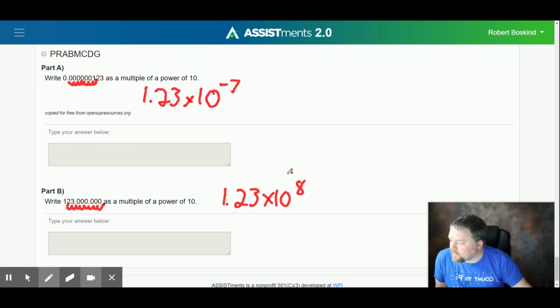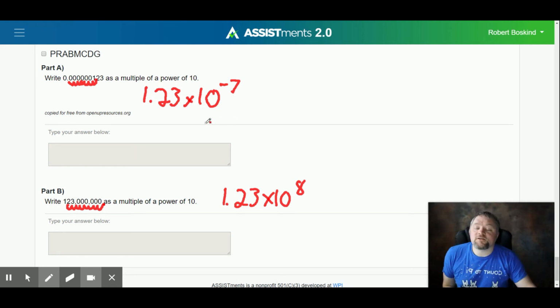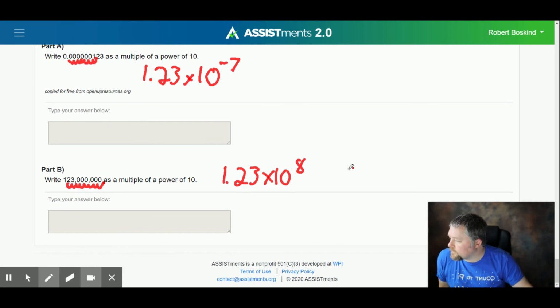So if we're working with a really big number, we have a positive exponent, really tiny number, negative exponent, and our convention is always going to be that we want to have one digit in front of the decimal point. And that's it for today.